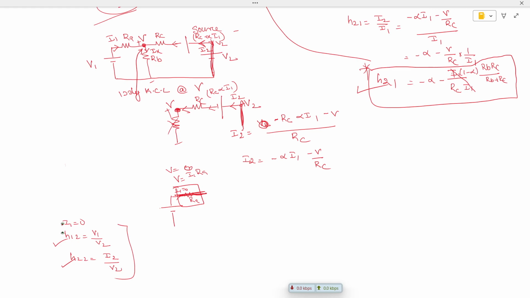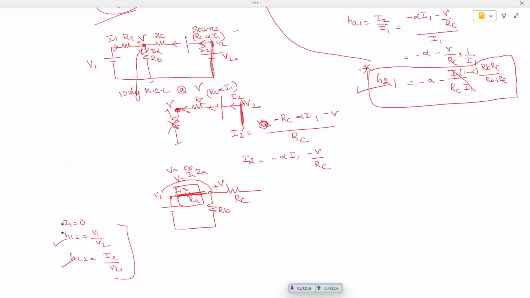Here you are going to get the branch. Therefore, the voltage at this point will be shifted to this point. This is V1. This is RB, and here we have RC, and you can see this source.